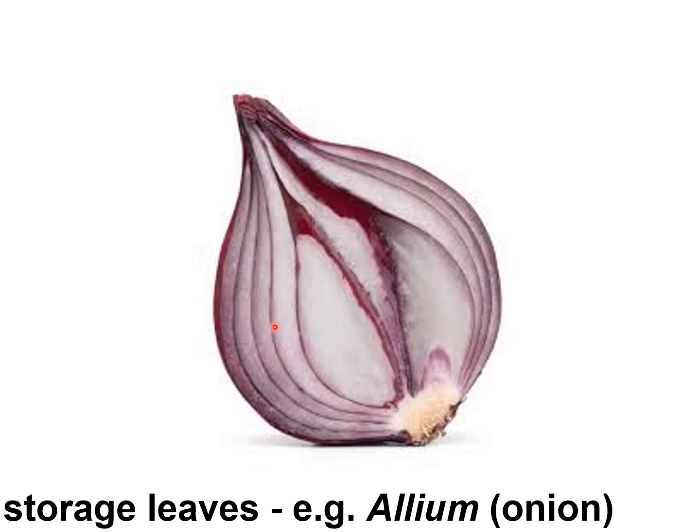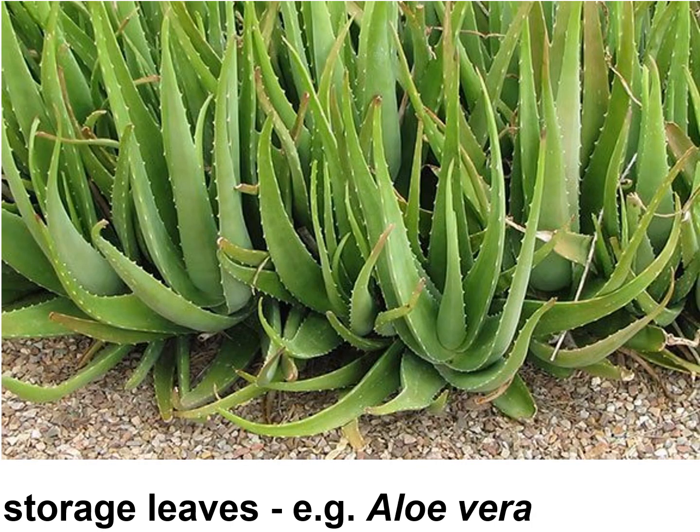These leaves are modified to store water and or nutrients for the plant. Aloe vera is also another example of a storage leaf. These leaves are modified to store water and nutrients for the plant too. Aloe vera is an important medicinal plant used in Thailand even now.